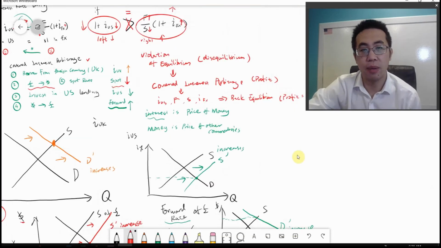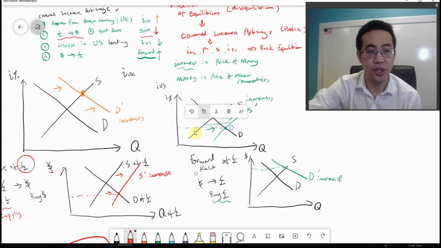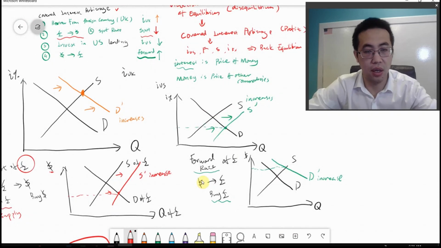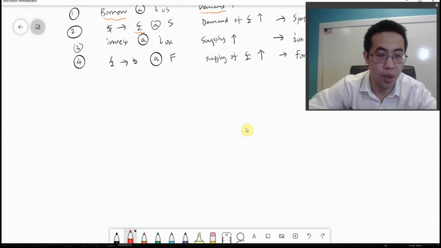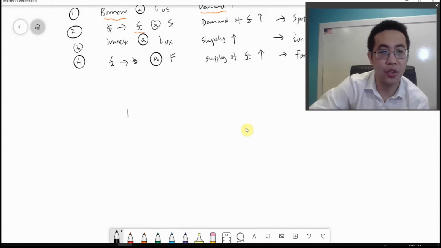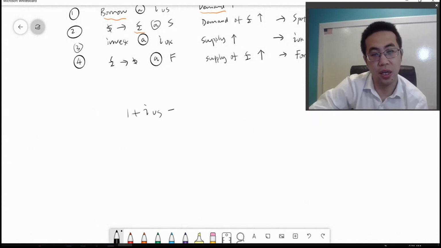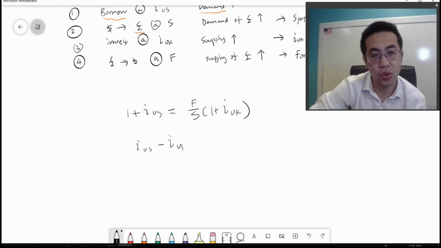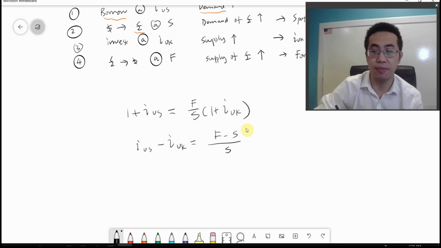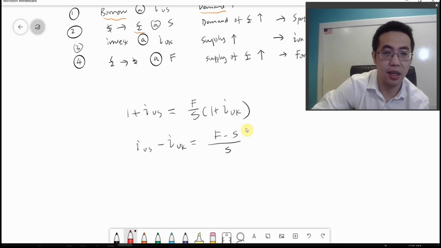In chapter 5, I also mentioned that this equilibrium could be rewritten after a series of algebra work. This equation could be converted to this: the interest rate difference is equal to the forward premium. It's still the same idea.